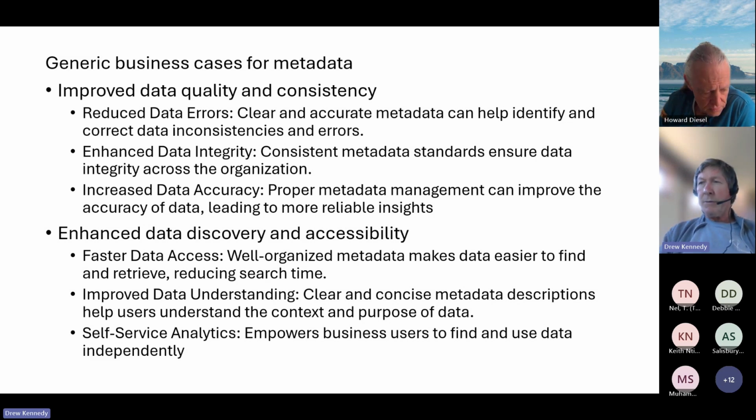Increasingly, in a world where there's so much data, it's impossible to find stuff. With good metadata, it's easier to find the data, so it reduces the search time. The catalog helps you understand what the data is and its purpose, and it allows business users to find and use that data independently.